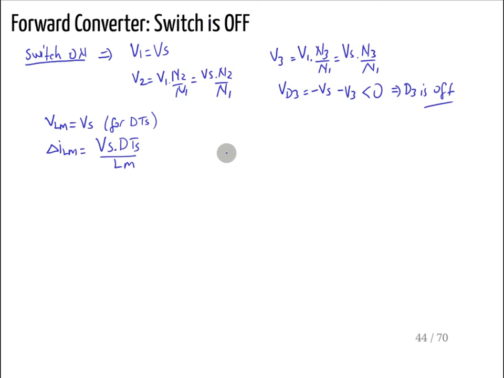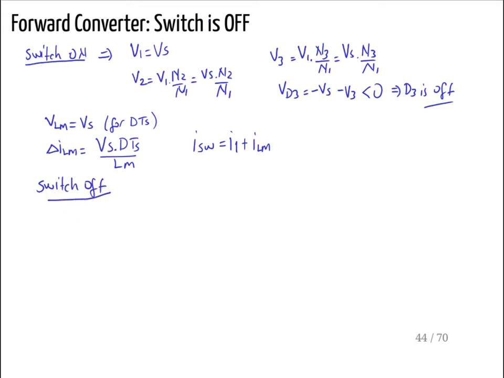If you would like to calculate how much current is flowing, you can quickly write the switch current. Switch current is equal to I1 current plus ILM current, and the maximum current that this switch needs to carry can be calculated depending on the load, the voltage and LM characteristics. Now let's write what happens when the switch is off.